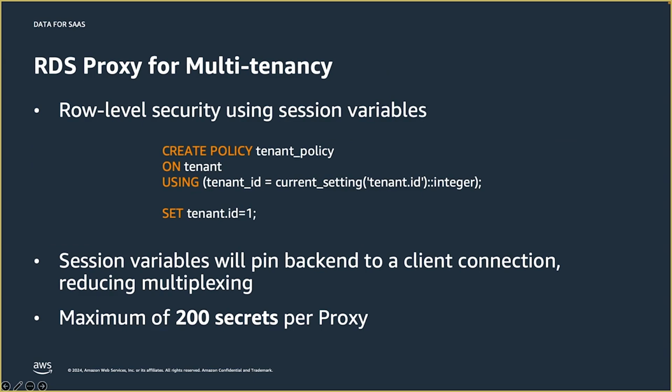When we do this, one of the controls that we want to implement is row level security. Row level security, we would implement in Postgres, for example, using a policy. That policy specifies which attribute on the table we create the policy for, to apply which condition to. So in this example, we're saying on the tenant table, using the tenant ID attribute, where this matches the tenant.id session variable.